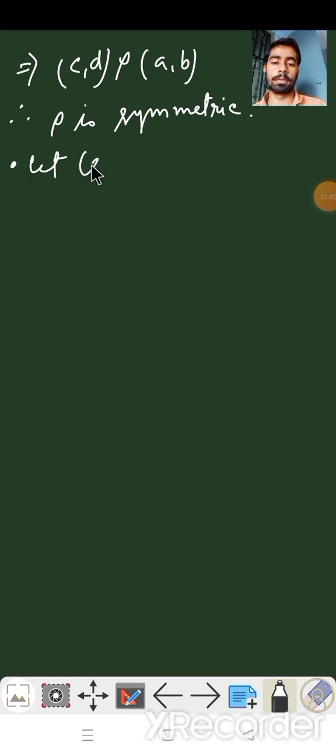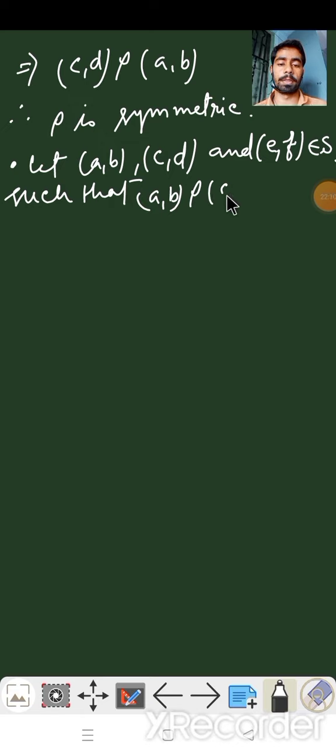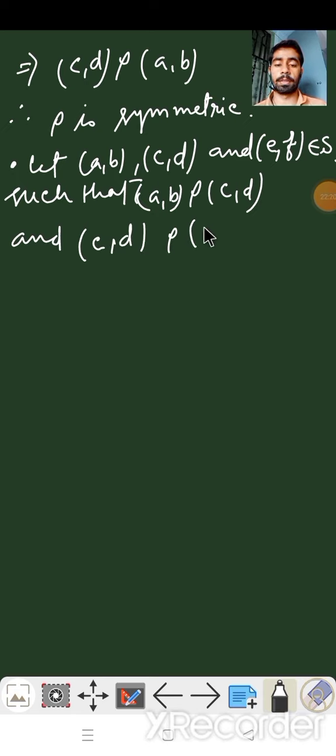Let the ordered pairs AB, CD and EF belong to S such that AB is related to the ordered pair CD and the ordered pair CD is related to the ordered pair EF.